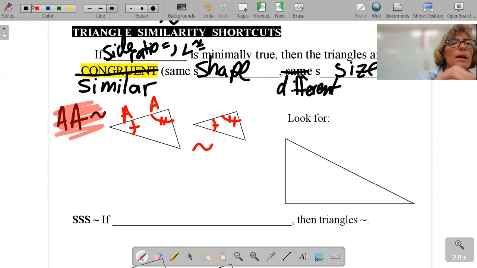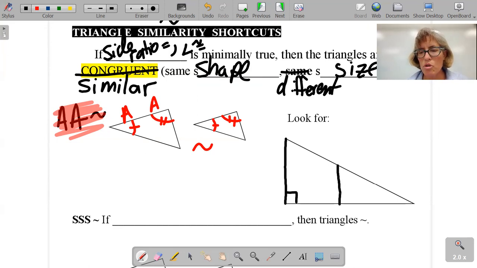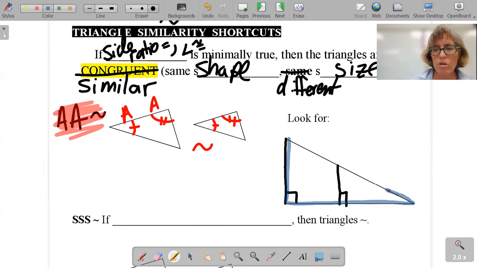A very common example of this would be a larger triangle. Let's say there's a right angle here and then a smaller overlapping triangle, right angle there. And so the larger triangle, trace it, smaller triangle, trace it.